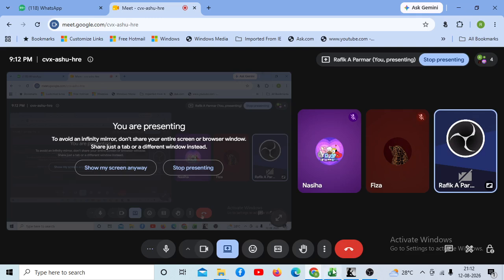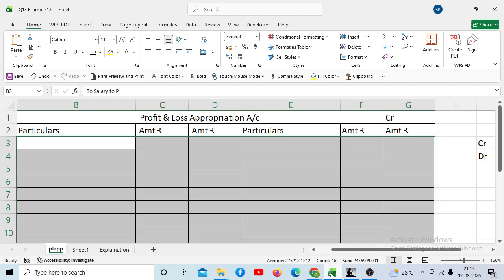So just draw the columns of profit and loss appropriation account, maybe around 10 lines. And once the columns are ready, please tell that it is done. Done.